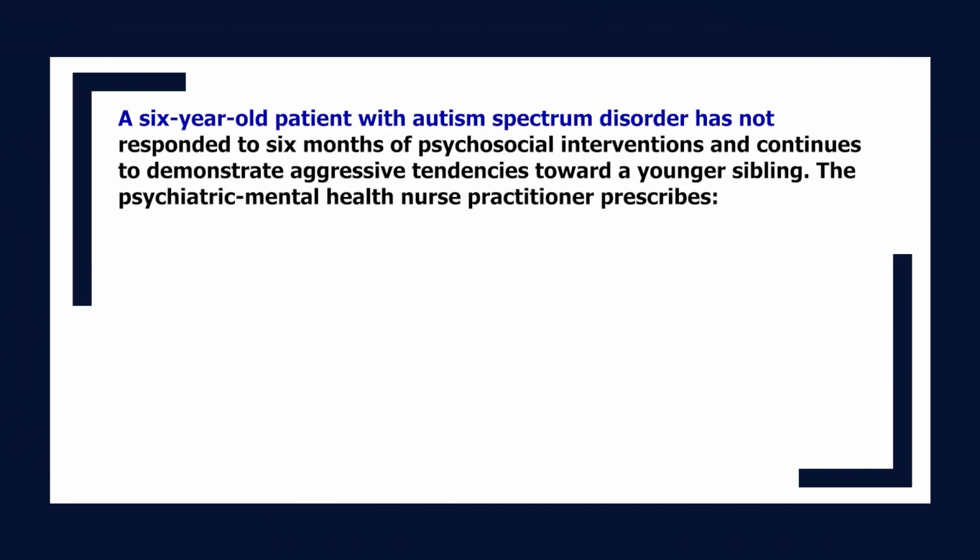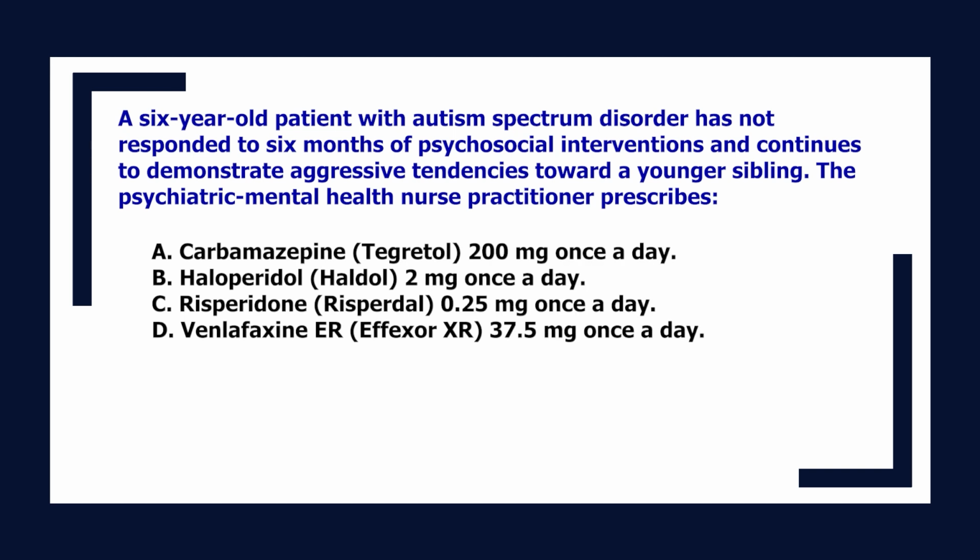A 6-year-old patient with autism spectrum disorder has not responded to 6 months of psychosocial interventions and continues to demonstrate aggressive tendencies toward a younger sibling. The psychiatric mental health nurse practitioner prescribes A. Carbamazepine, Tegretol, 200 mg once a day.